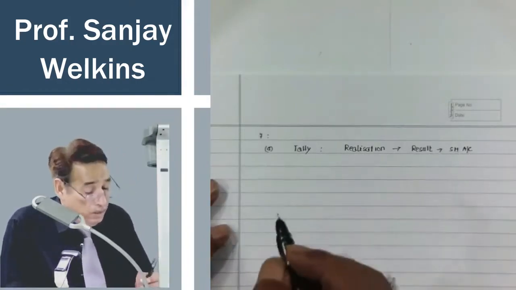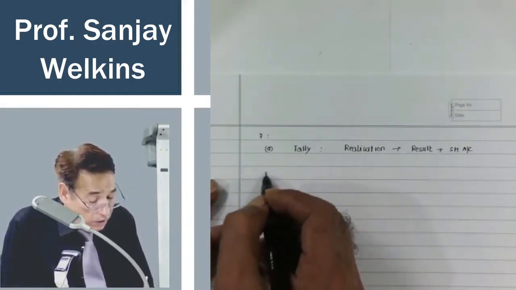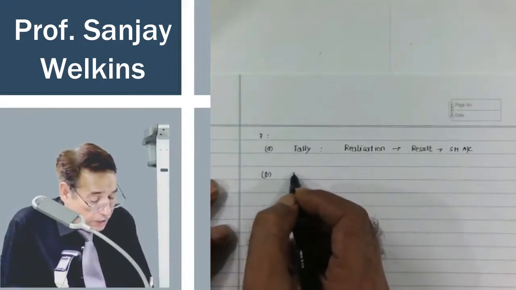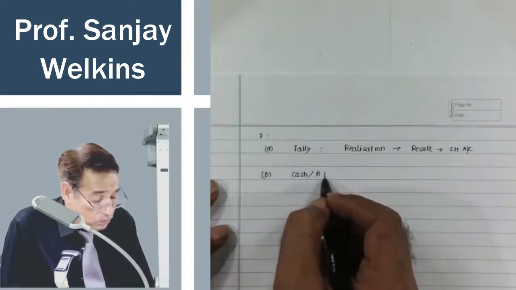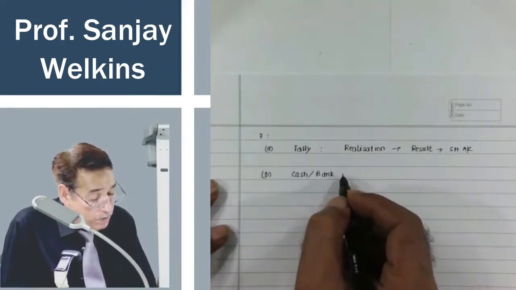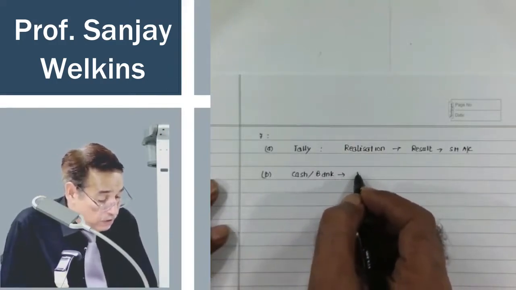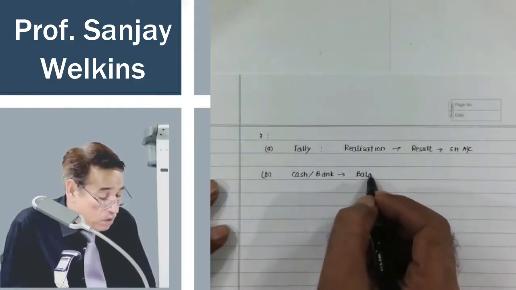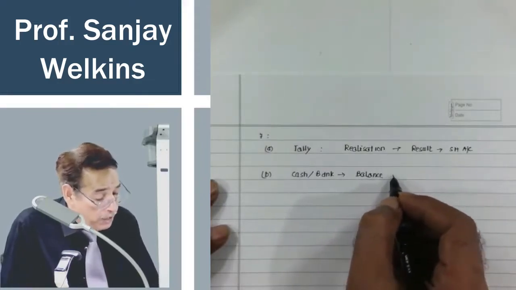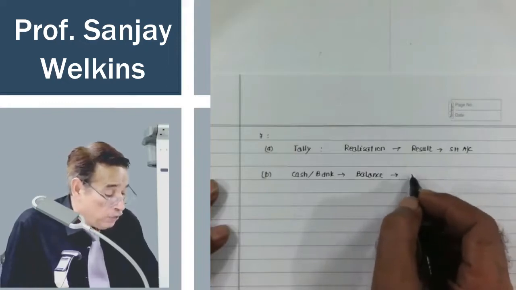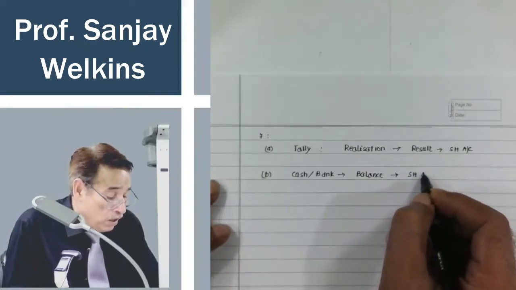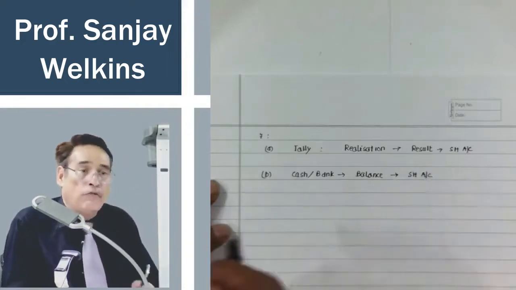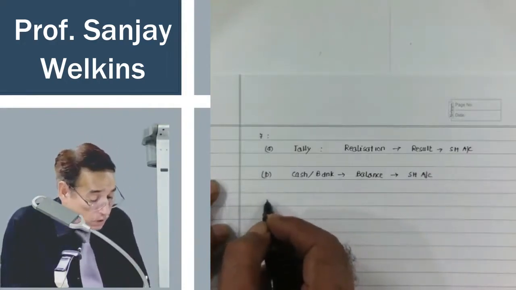Correct? Then we are going to tally after that cash bank account. Whatever balance is there in the cash bank account, that will be transferred to shareholders account. It means whatever balance is there, that will be paid off to shareholders account.